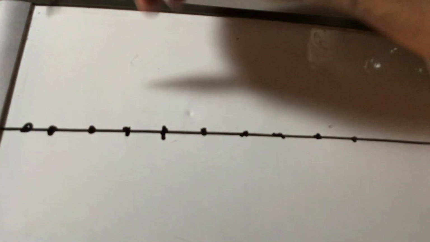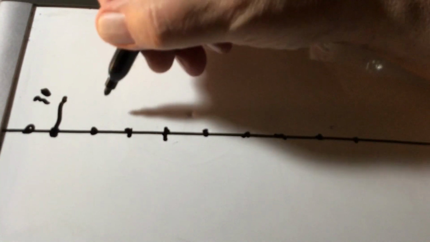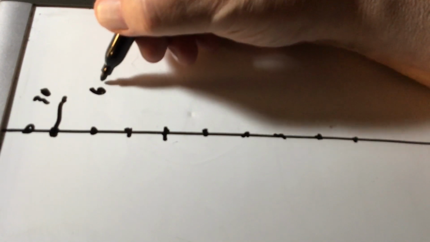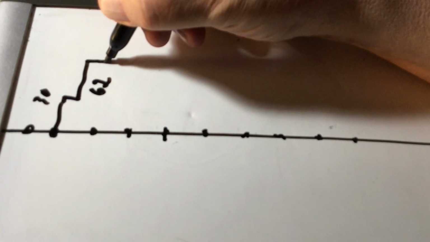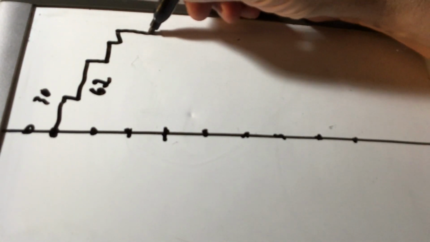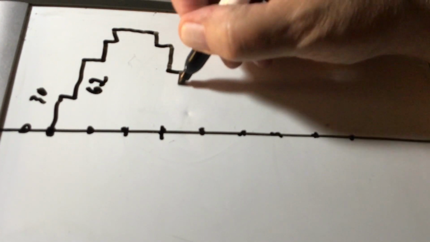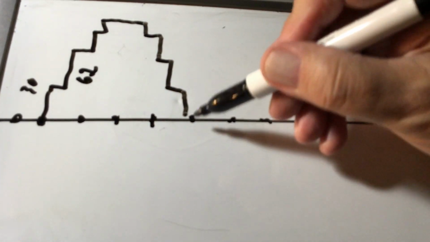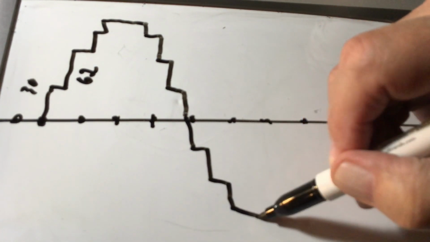If this was 0, say, and it plots the number 30, it would go up here, and then the next one here would be, say, 62. They're going to be plotted in a step form because it's digital data. You only have the data that you sampled. So you have chunks, but it can be reconstructed by doing this.